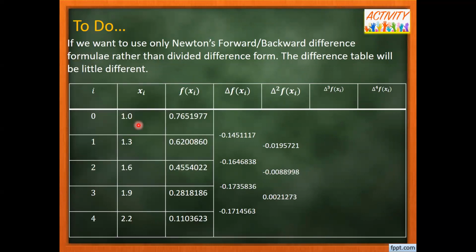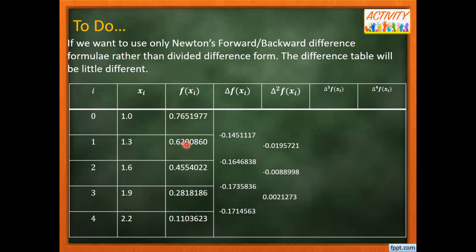Once again, we have considered the same example. We have 5 data points, 1, 1.3, 1.6, 1.9, and 2.2, and we have the function values at all these nodes. Now, the construction of the table is a little different. Instead of calculating the divided difference, we just need to calculate the ordinary differences.